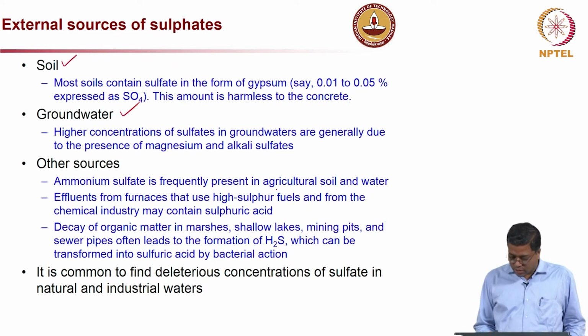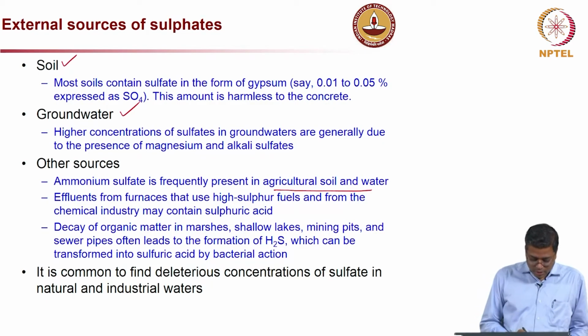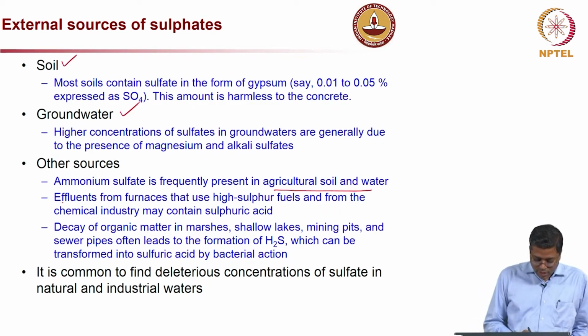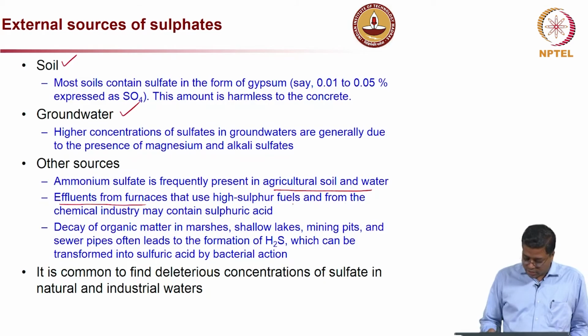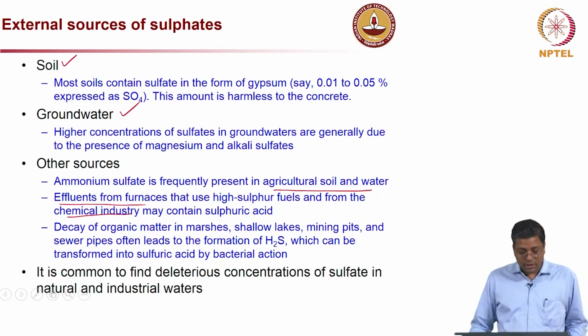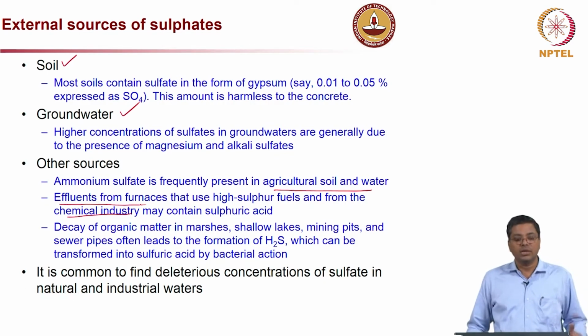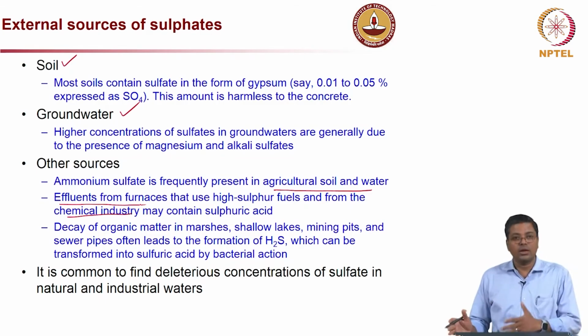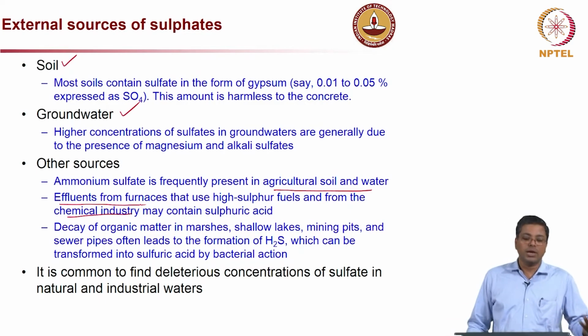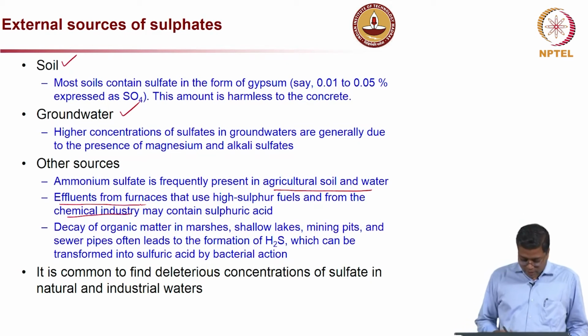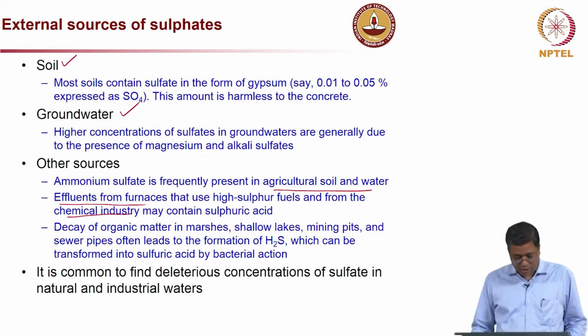Also, depending on the type of structure, we have to see whether there is any agricultural soil or water adjacent to the concrete elements, and then also effluents of furnaces and effluents from the chemical industry. These are all other sources where you will have a significant amount of sulphates present, and if they come in contact with the concrete element, that element is vulnerable to sulphate attack and further deterioration.